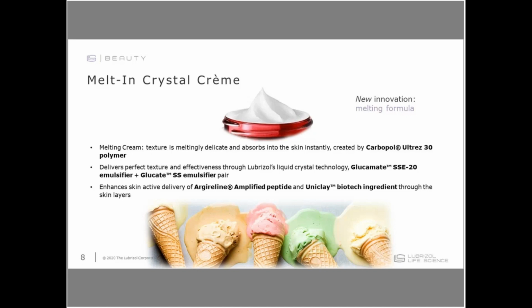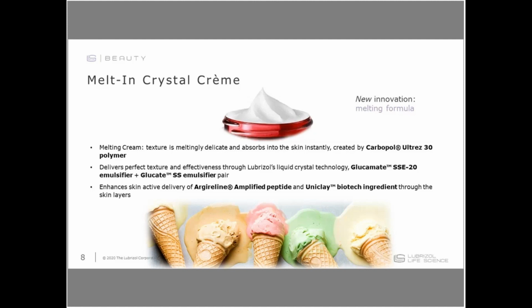When we mention ice cream, we imagine a cream that should just melt into the skin, and that's creamy. So Carbopol Ultrez 30 can create this melting texture, giving a delicate melting sensory and the instant absorption into the skin.